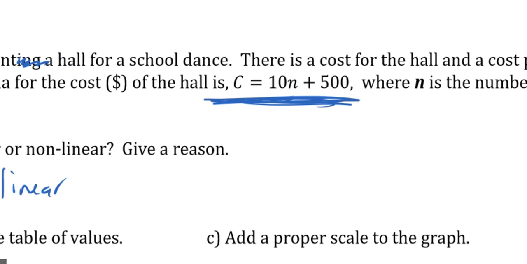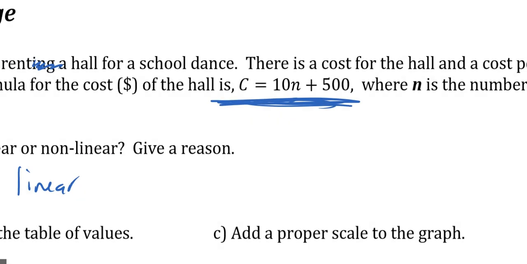And how do I know which one of those numbers is the rate per person and which one is the cost of the hall that you just pay one time? How do I know? Look at that equation. It's got two numbers in it. Which one of them is the cost per person? How do you know?